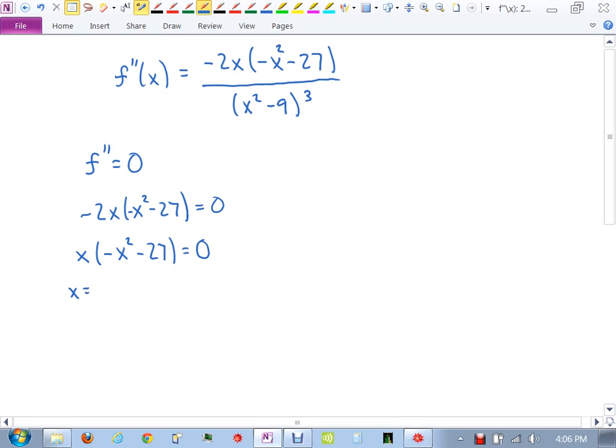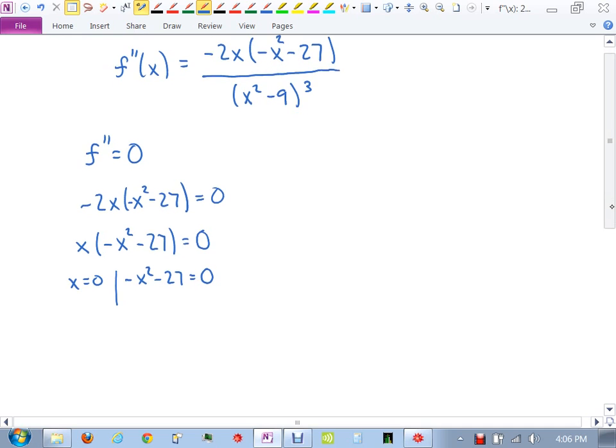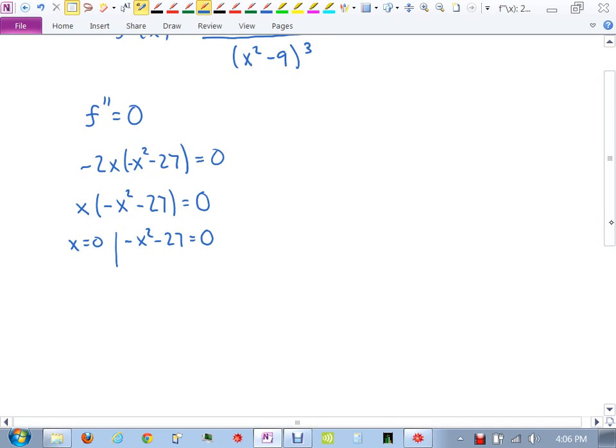I get two things. x equals 0 is one equation, and negative x squared minus 27 equals 0. So x equals 0 is one answer, right? What about the other equation? Move the x squared over. x squared equals negative 27.